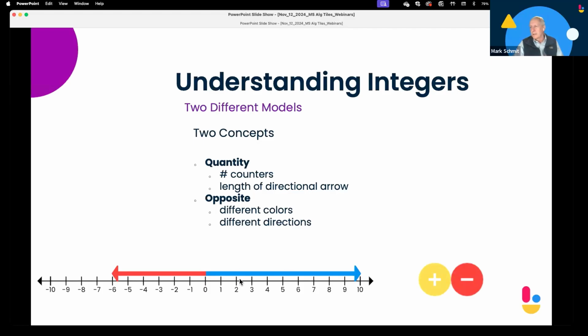If we're talking about the linear model, it's the length of that directional arrow, because now with integers we have direction. And then another concept is the idea of opposites, the additive inverse. In the counter model, it's different colors with a plus and a minus, but in the number line model, they are different directions.